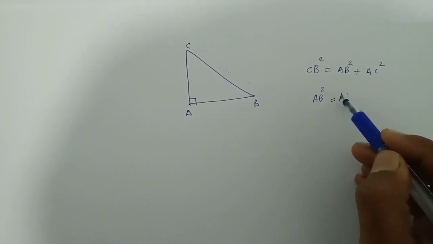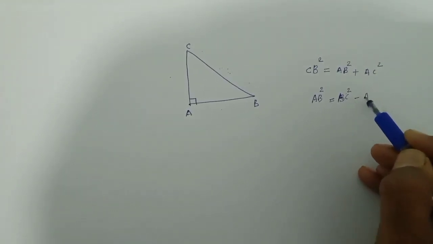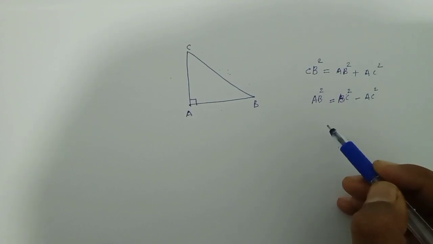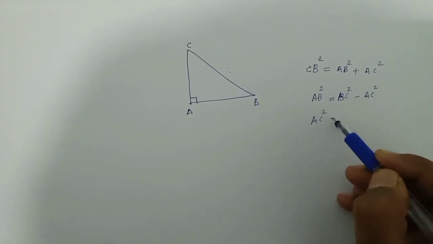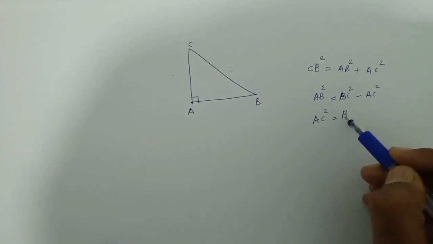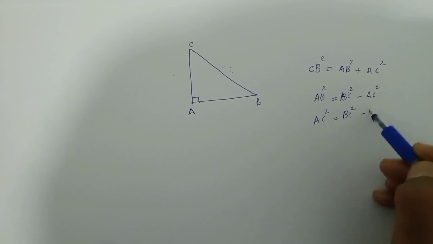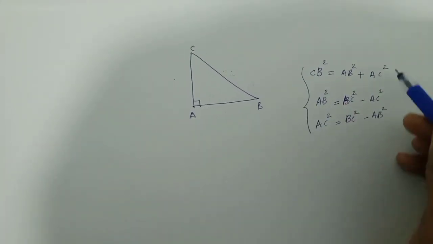So that is BC square minus AC square. Clear? And if we are going to find AC, we can start with AC square is equal to BC square minus AB square. Right?